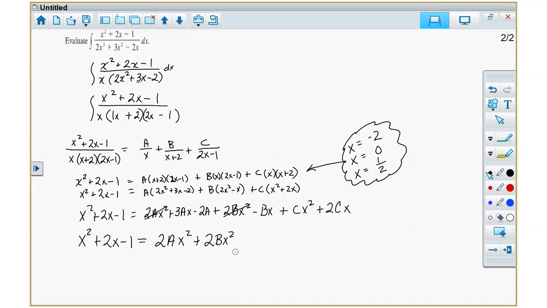Plus cx squared. Okay, now our x terms. Minus 2a.